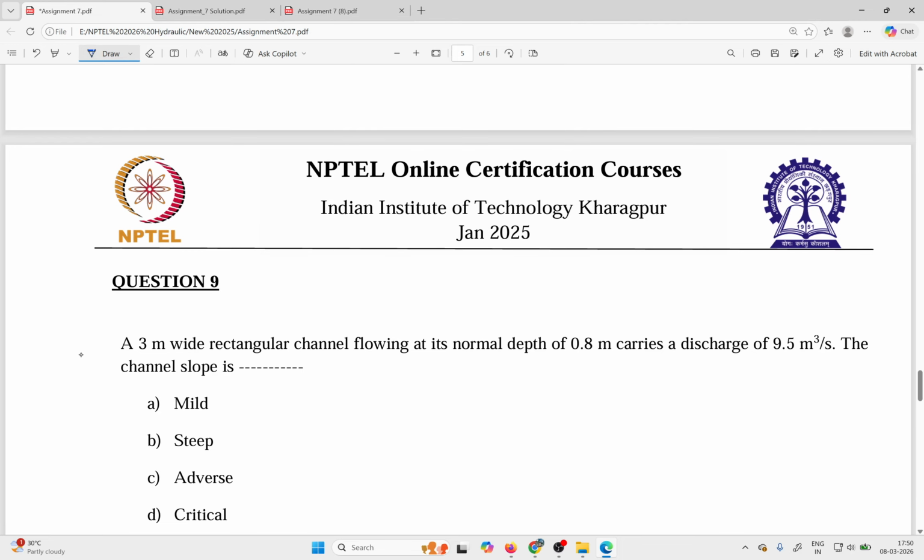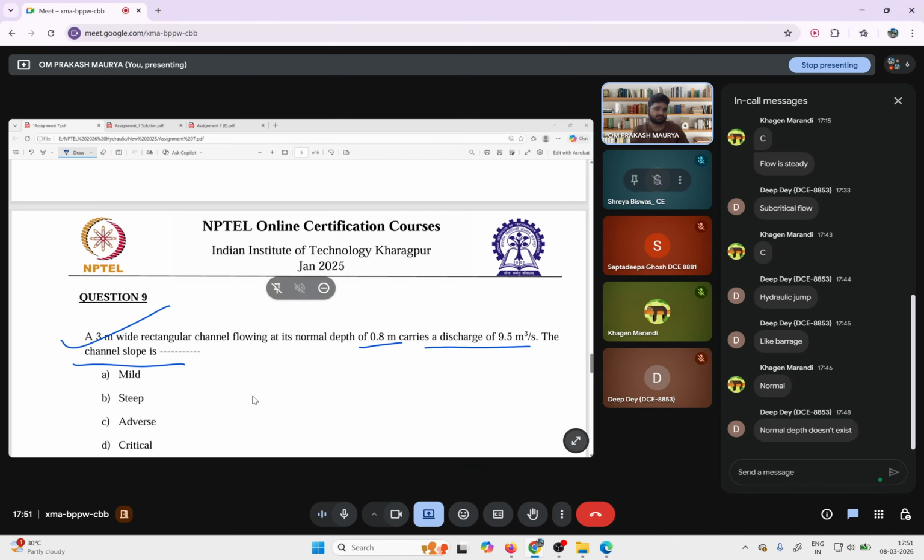The question is, a 3-meter wide rectangular channel flowing at a normal depth of 0.8 meter carries a discharge of 9.5 meter cube per second. The channel slope is what? Mild, steep, adverse, or critical? I need an answer from all of you, please. Just put in effort and try to solve.